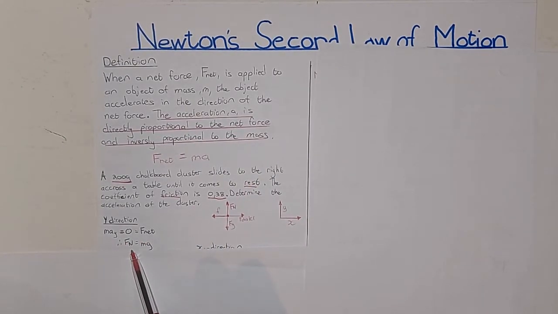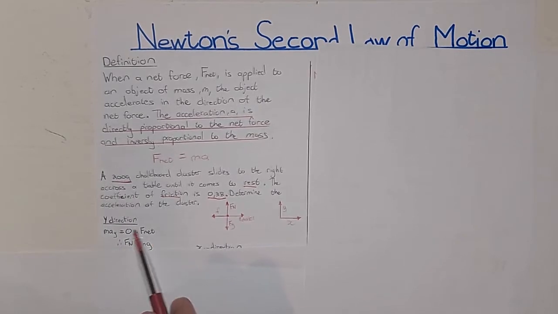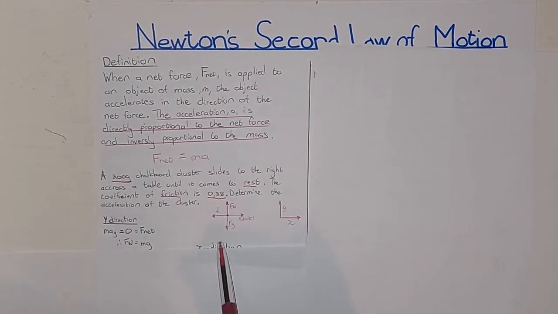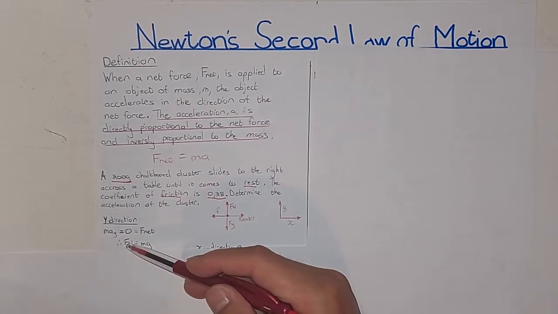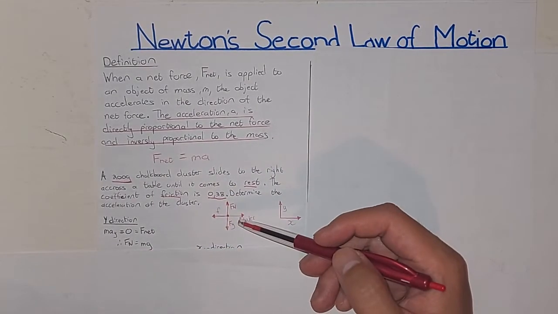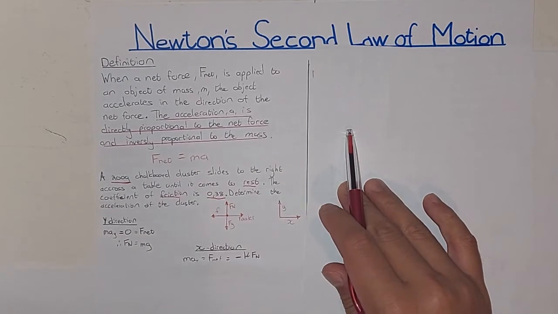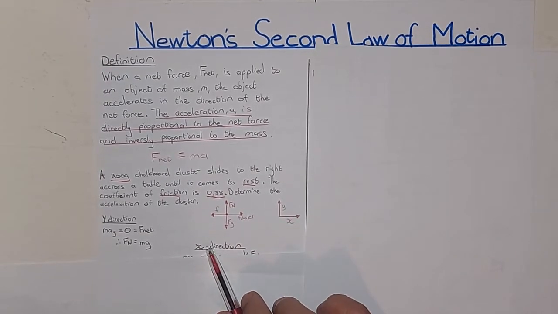I also have my value for Fn. Fn is then going to equal mg because there is no movement up and down. Now we're looking at my x direction.